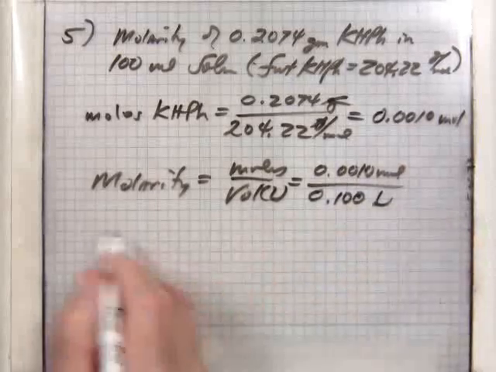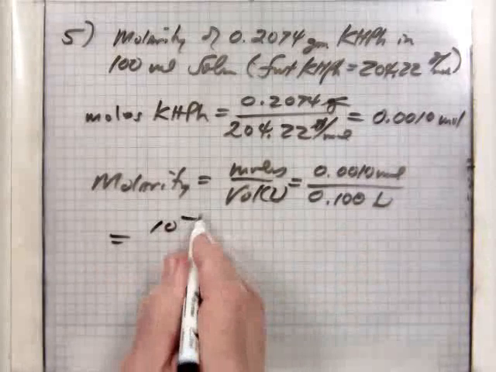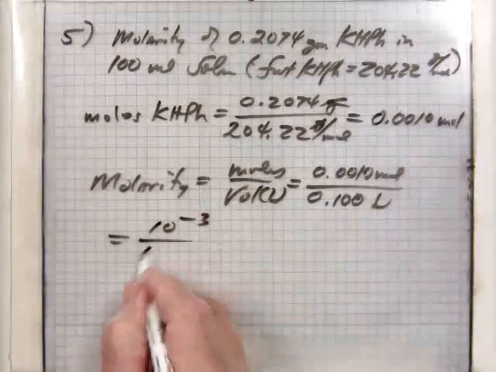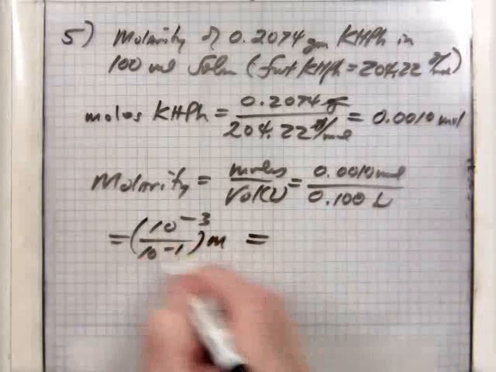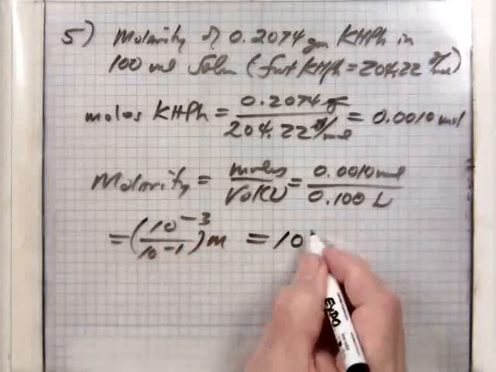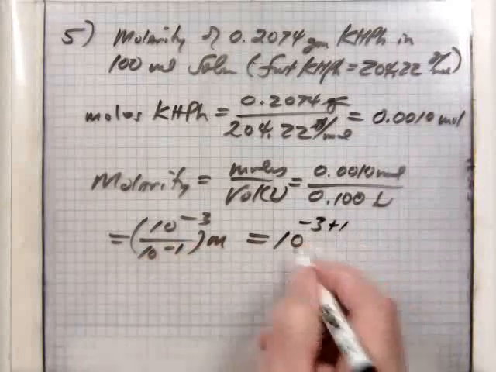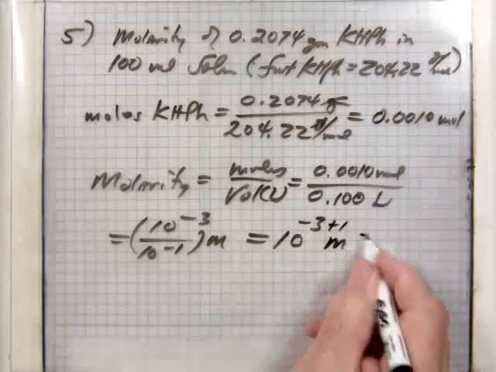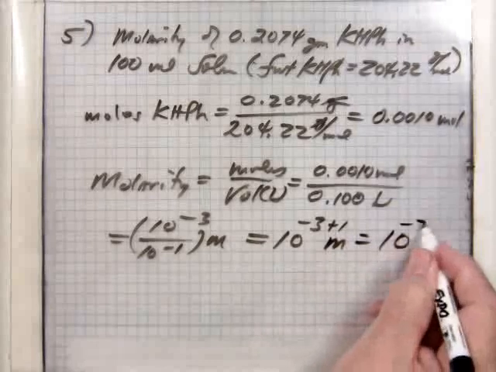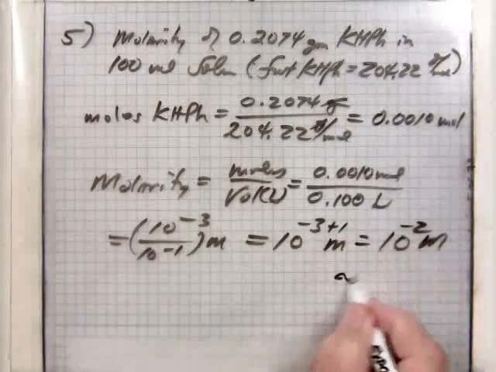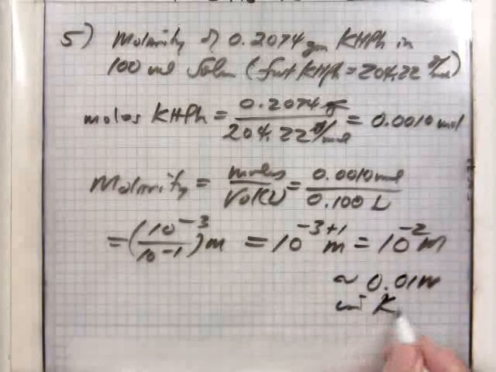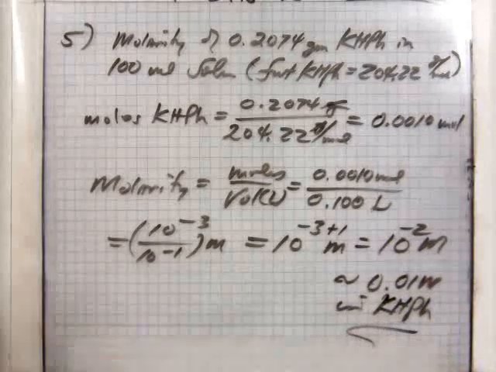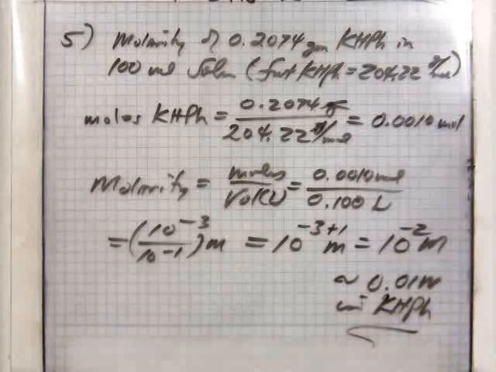So, we can go 10 to the minus 3 over 10 to the minus 1 molar, if you want to do it that way, which is 10 to the minus 3 plus 1. So that's 10 to the minus 2 molar, or 0.01 molar in KHPH. So that's just playing with numbers there.